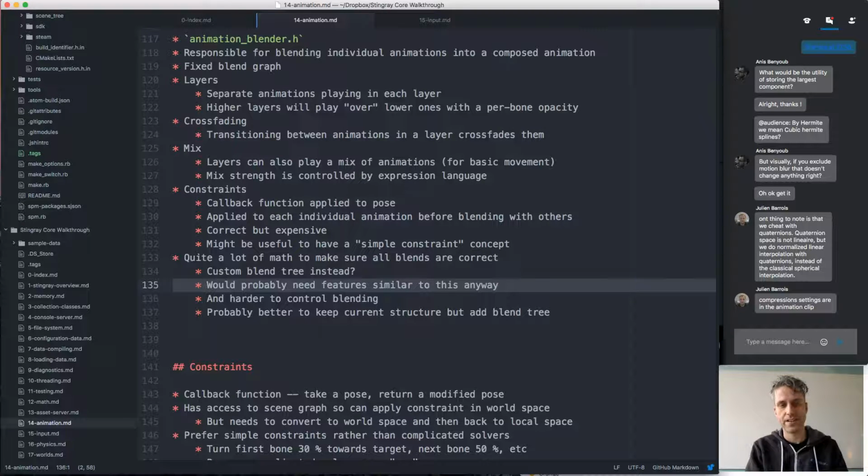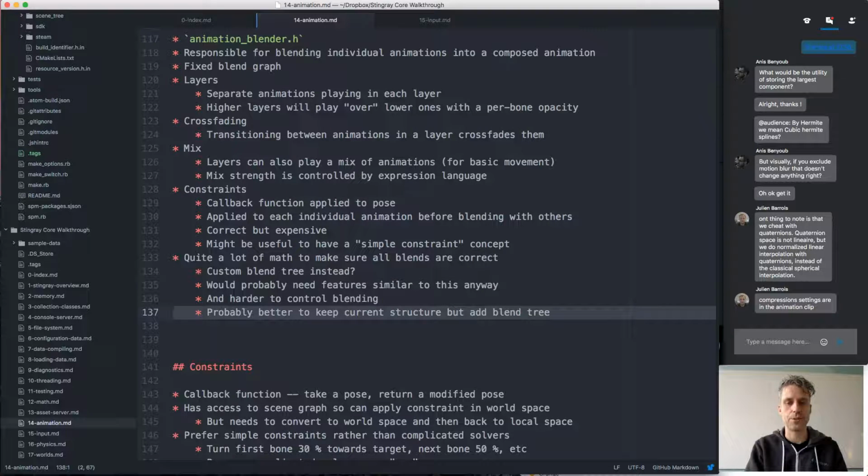We have a clear understanding of what the crossfade is, and we have a clear understanding of this layer concept. And if it was a more general graph, the semantics wouldn't be known by the engine in the same way. So I'm not sure we would be able to control the blending as accurately as we do now. So I kind of like having this structure.